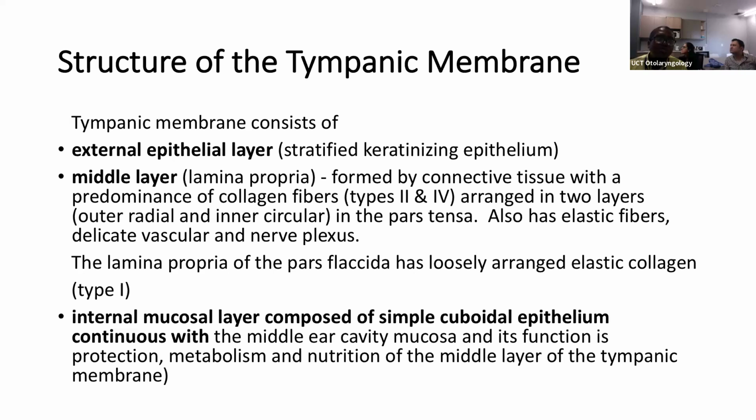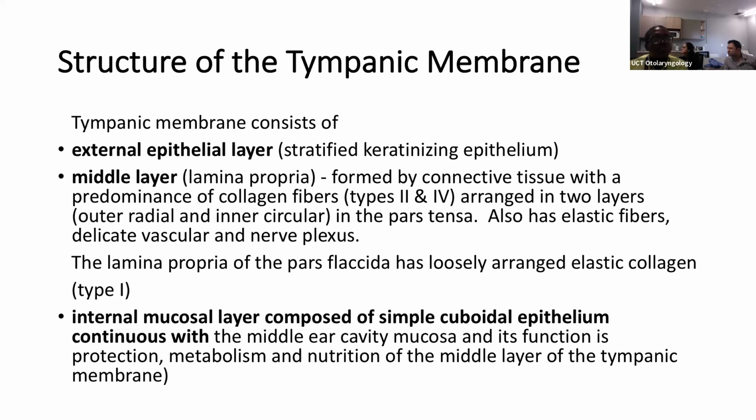Then there's the middle layer, also called the lamina propria, formed by connective tissue with predominance of collagen fibers types 2 and 4 arranged in 2 layers. There's an outer radial and inner circular layer of these collagen fibers in the pars tensa, and also elastic fibers and a delicate vascular and nerve plexus.